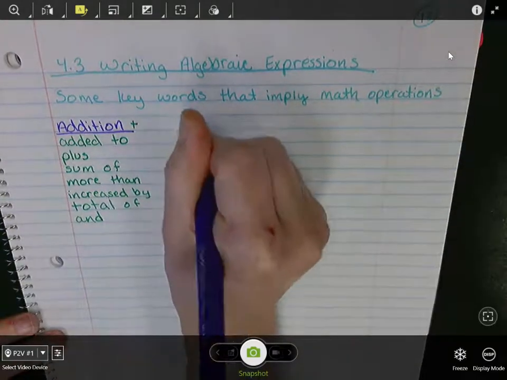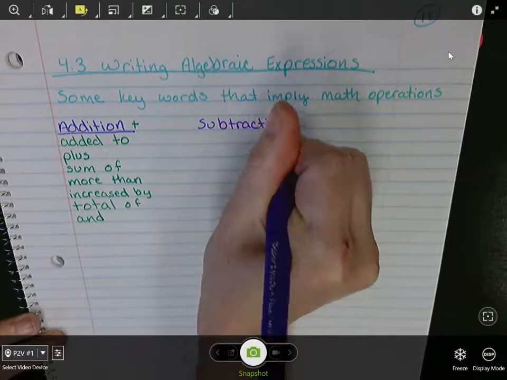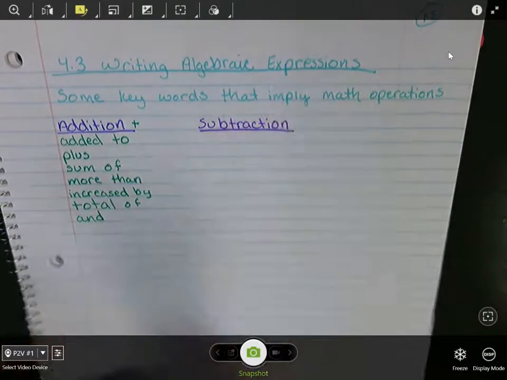All right, some keywords that imply subtraction.